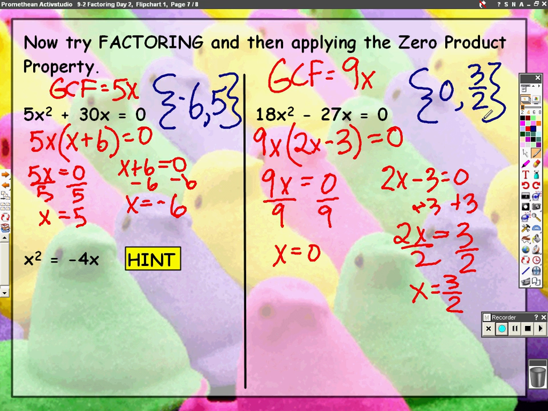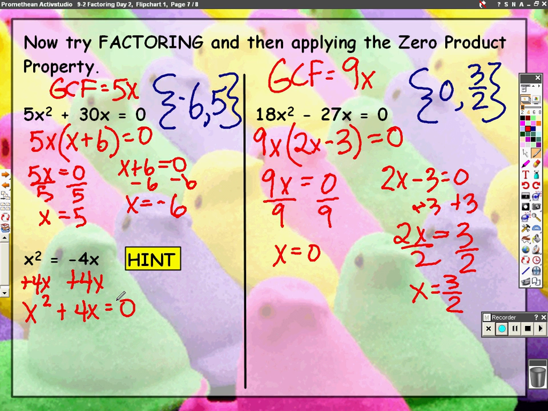We have x squared equals negative 4x. The difference between that equation and the other two equations that we solved is that we don't have it equal to 0. So to get our equation to equal 0, I'm going to add 4x to both sides, and I end up with x squared plus 4x equals 0.